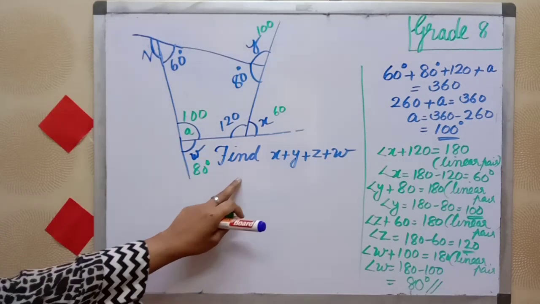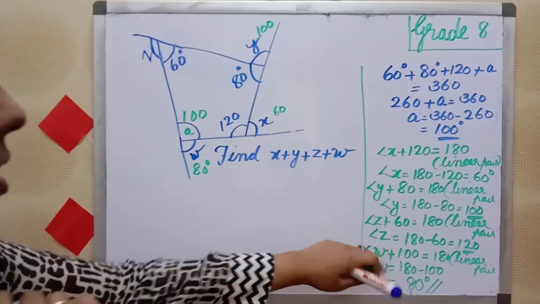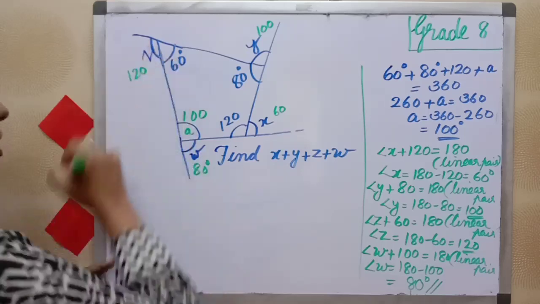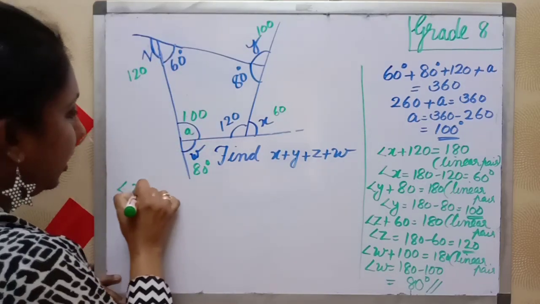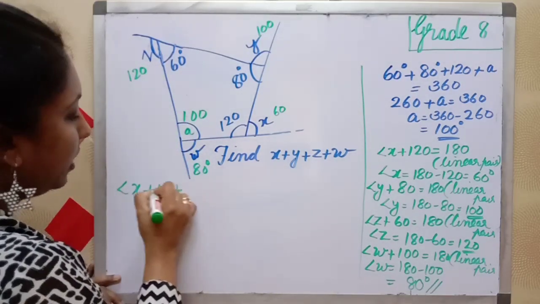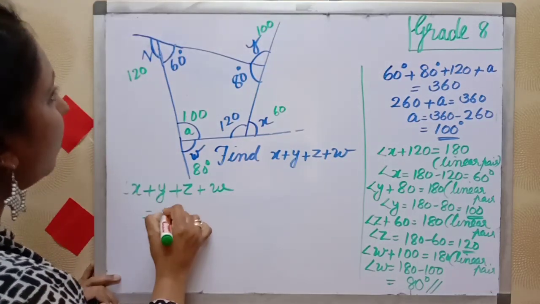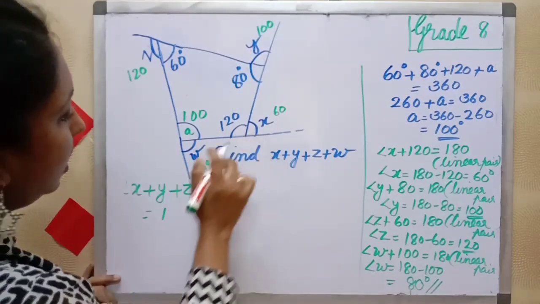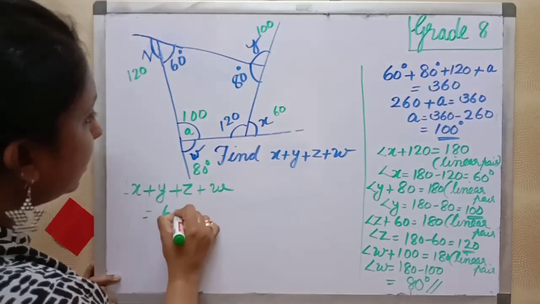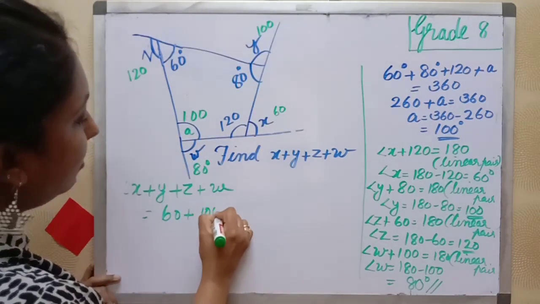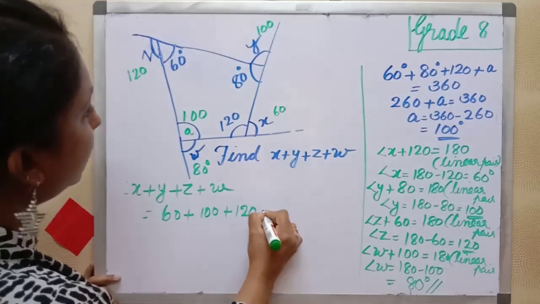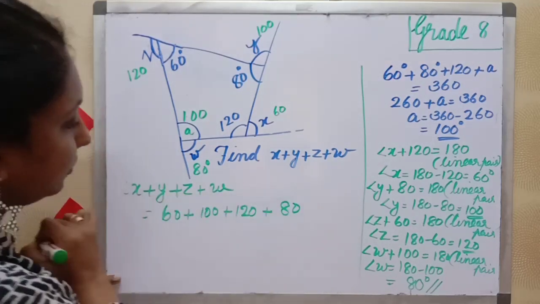So now we can find the value, Z is 120. Now angle x plus angle y plus z plus w. X is 60. 60 plus 100 plus 120 plus 80.